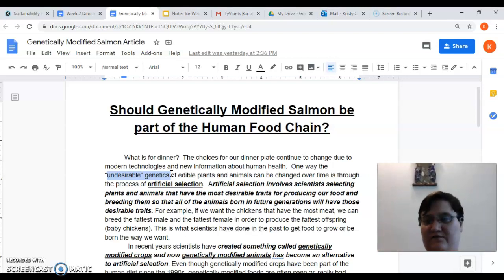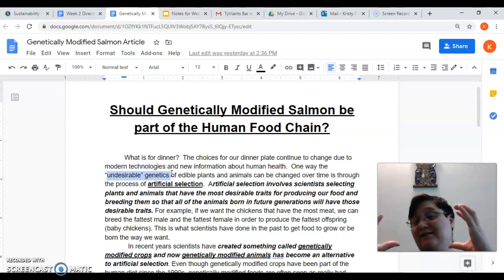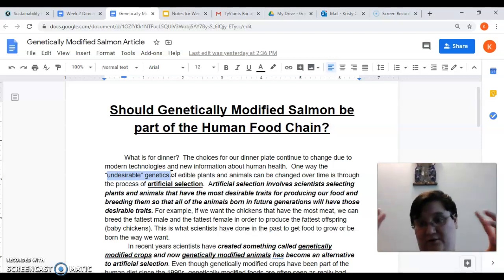If we figure out the genes of the banana, and we can mess with those genes, we can either insert a gene or take out a gene. If we can figure out how to make those bananas really big, then we can sell probably more bananas because people are going to want to eat the bigger banana, right? Does that make sense? So that's kind of what we're talking about.